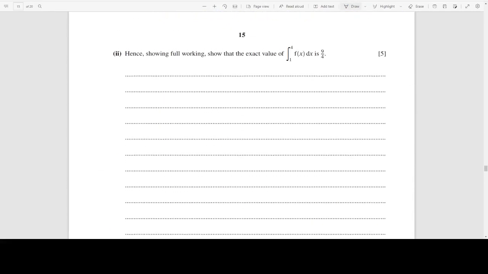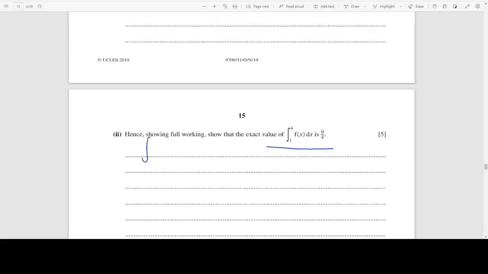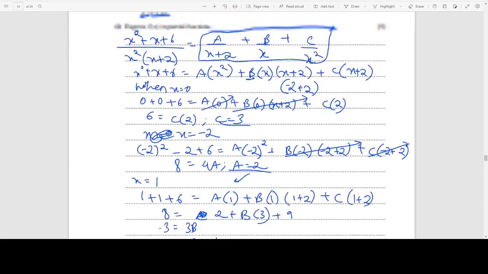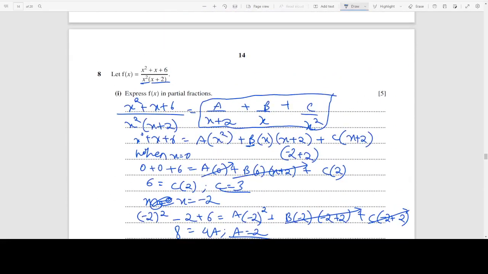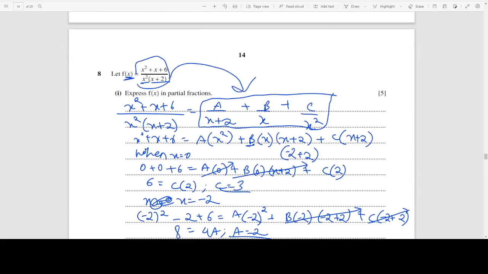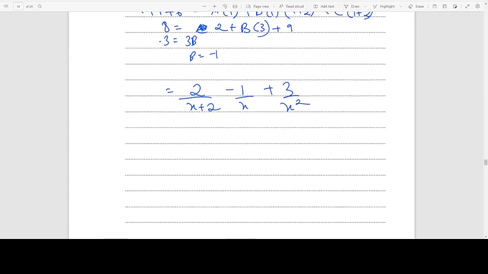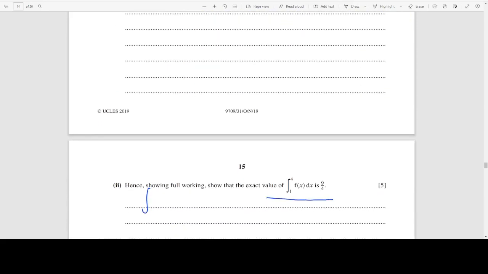Now again a calculus question. We have to integrate the partial fractions. We basically have to integrate f of x, but f of x is equal to this, the partial fraction format. So we have to integrate this thing.